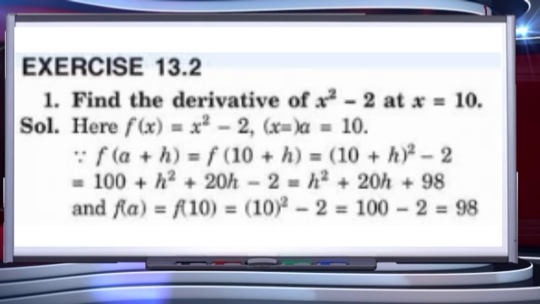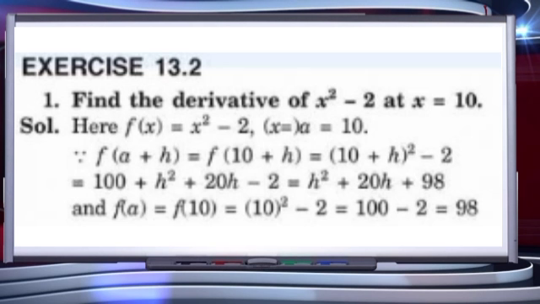Now f of a plus h will become f of 10 plus h, that is changing x to 10 plus h. That reduces to 10 plus h whole square minus 2 from the function. So on simplifying this, we will get it as h square plus 20h plus 98.